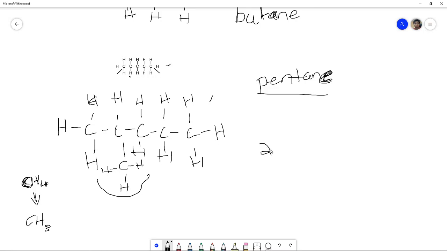Therefore, the name would be 2-methylpentane. So let's recap. It has a 2 in it because it's at the second carbon, and it has a methyl group, and for that reason it has the word methyl, and then we have pentane at the end.